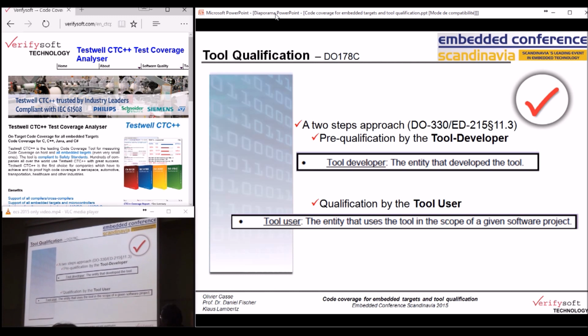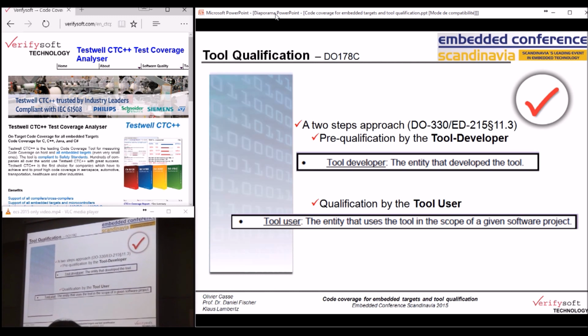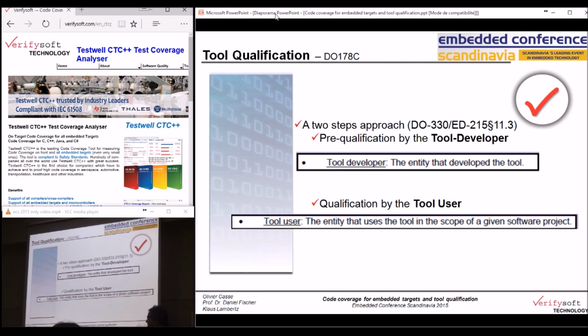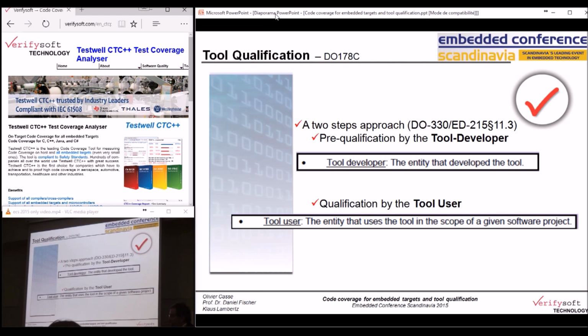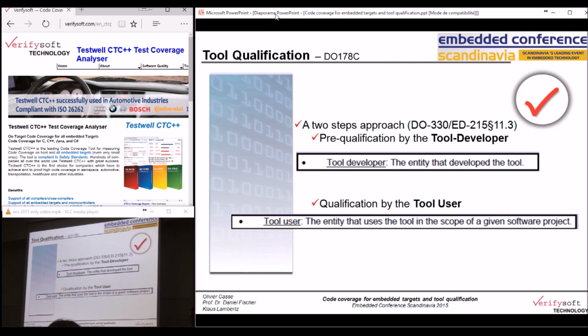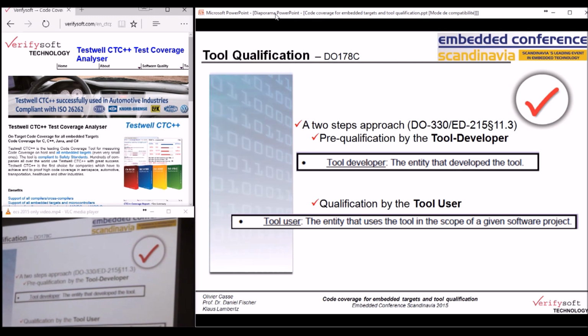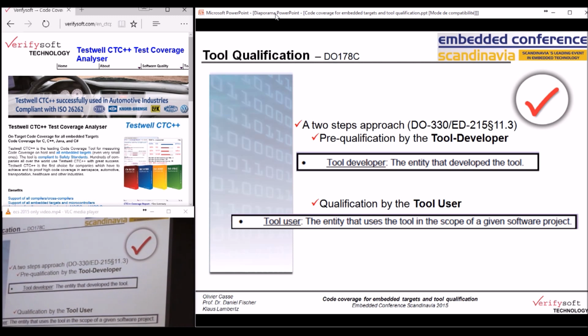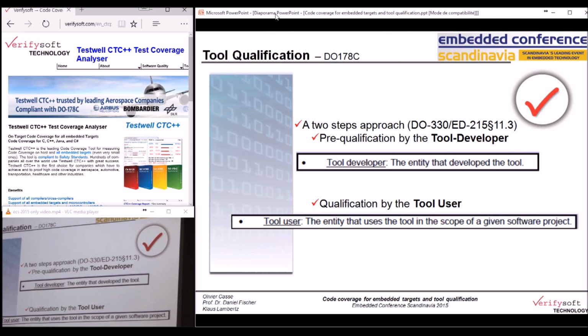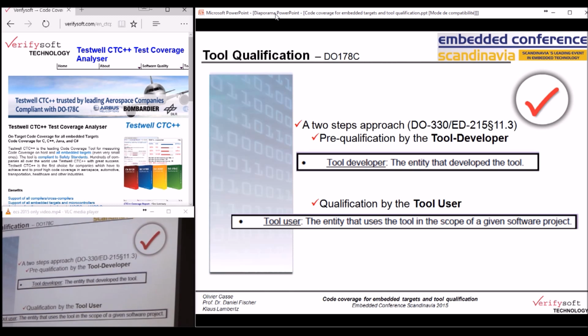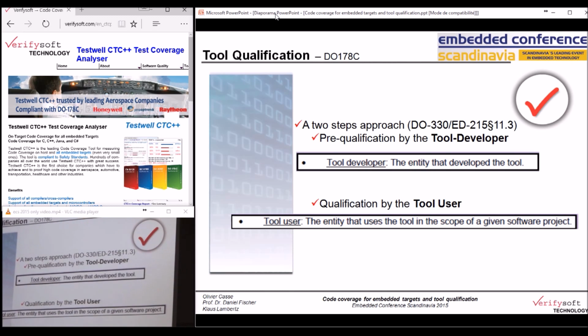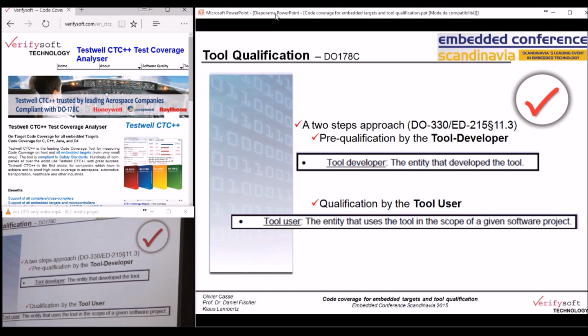Let's talk now about tool qualification, and again we focus on the DO-178 and the DO-330, which is a chapter relating to tools, and how the tool should be qualified in order to have the software certified. There are two parts. The first one is related to the tool developer. He has to prove and provide a number of things.